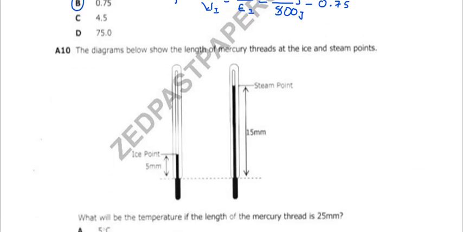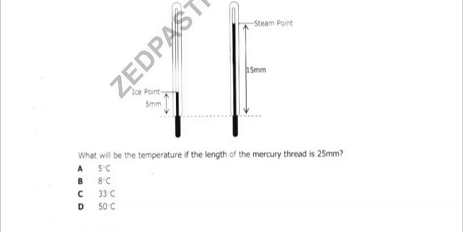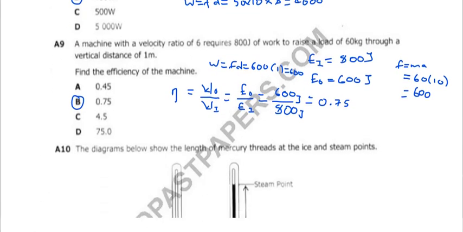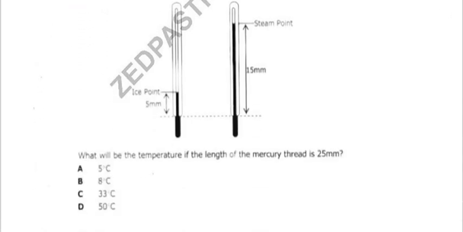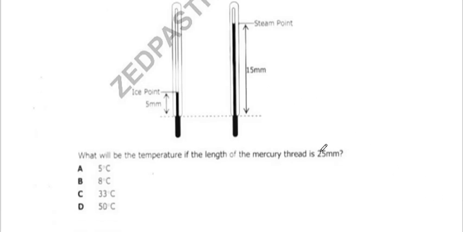Question 10 says, the diagram below shows the length of mercury threads at the ice and steam points. So this is the ice point and this is the steam point. When you talk of ice point, we are simply talking of 0 degrees Celsius. When we talk of steam point, we are talking of 100 degrees Celsius, right?